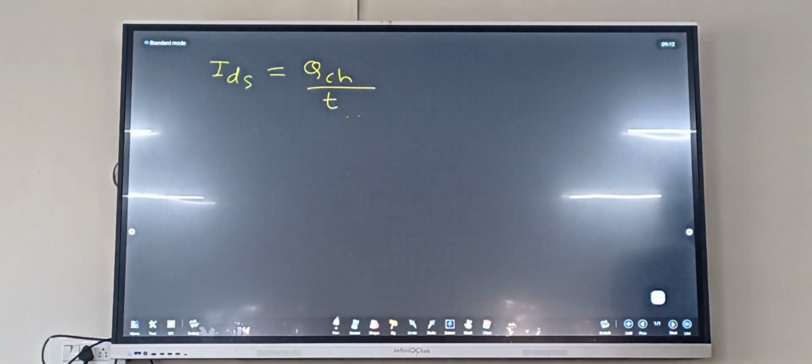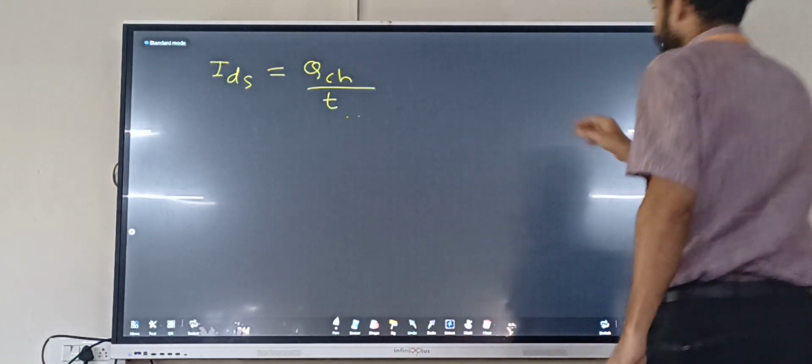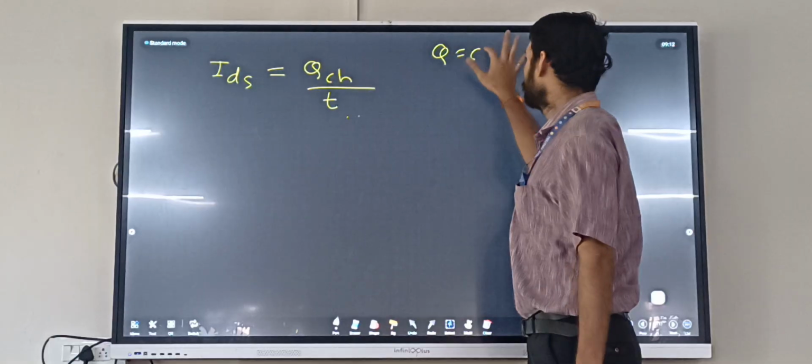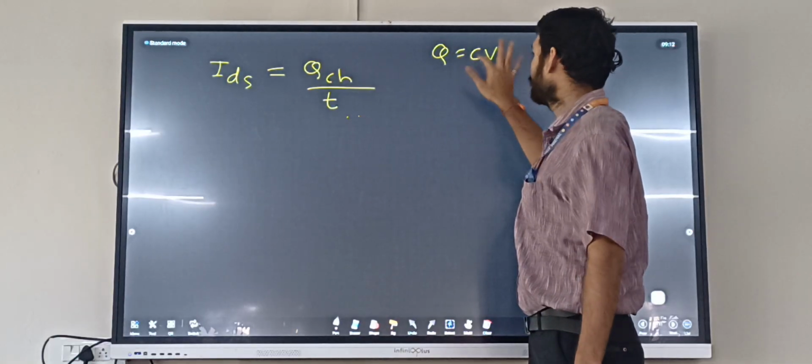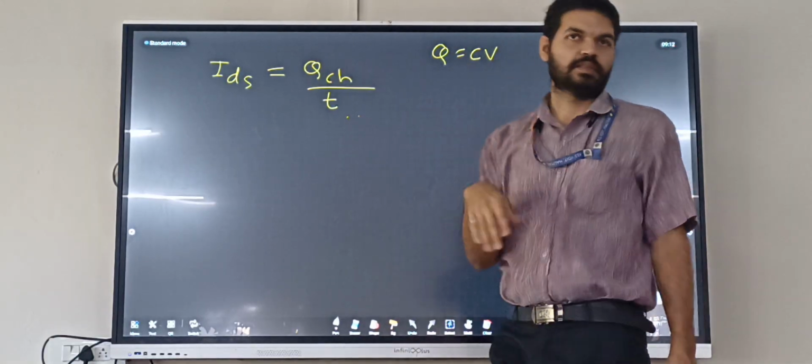So for the number of charge carriers present in the channel, we have just taken a few formulas at the initial stage. Q is equal to CV. Then what is C and what is V?